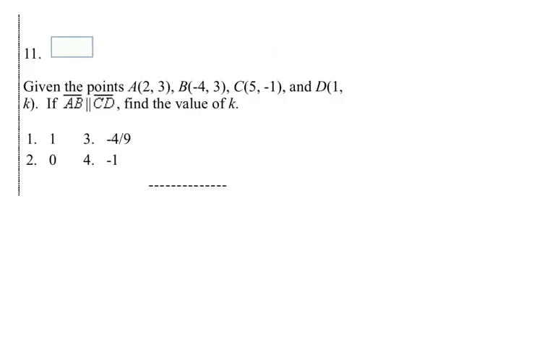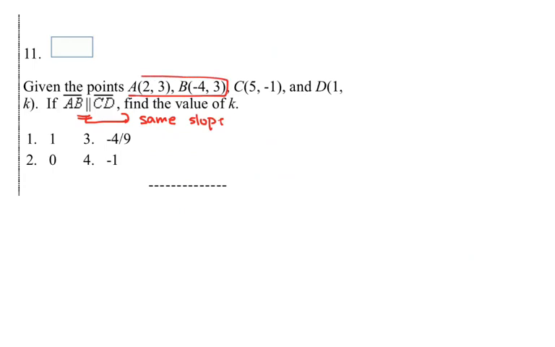Number 11. Now AB is, you see, as soon as you realize the parallel, that means we get to realize the same slope. Now, what is the slope for AB?